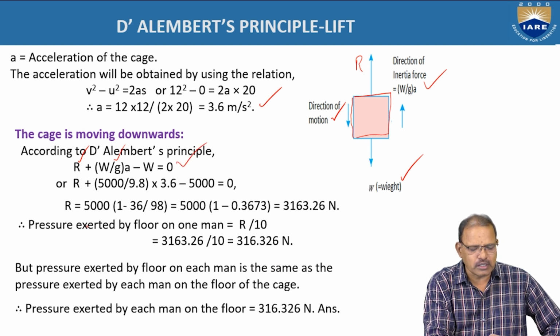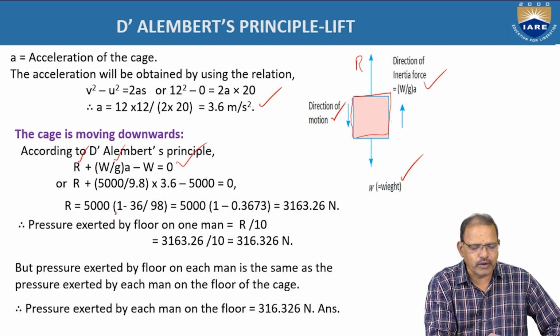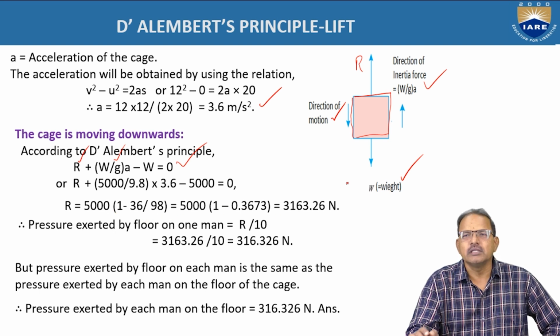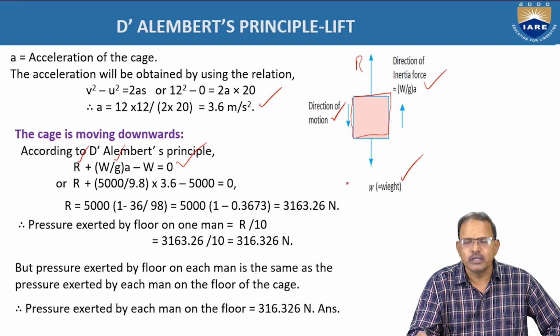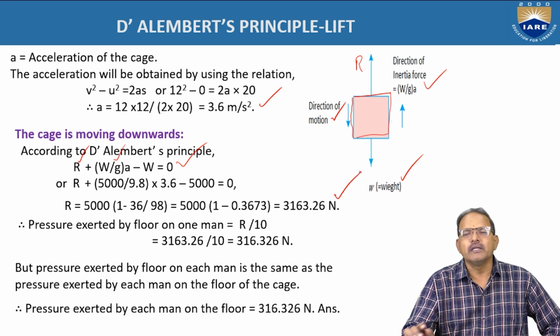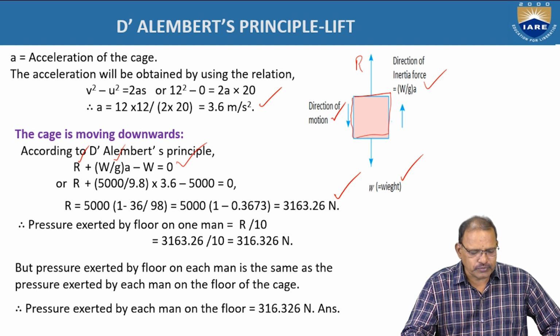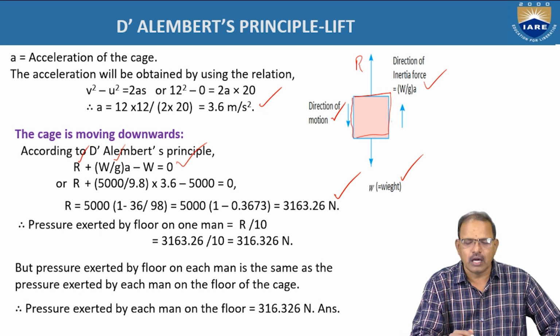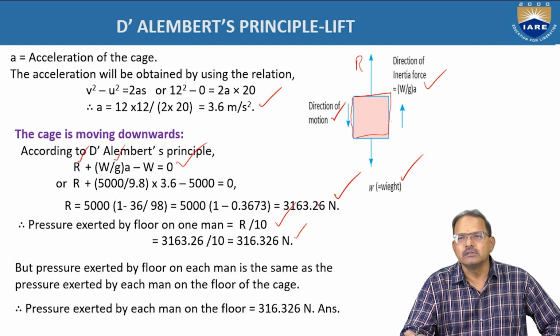From this relationship we got R is equal to 5000 into (1 minus 3.6/9.8), which is equal to 3163.26 newtons. The pressure exerted by the floor on one man is equal to R by 10, which is equal to 316.326 newtons.